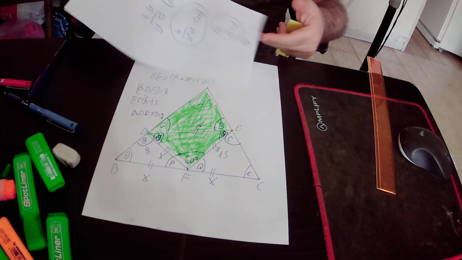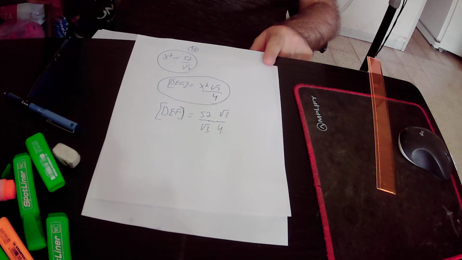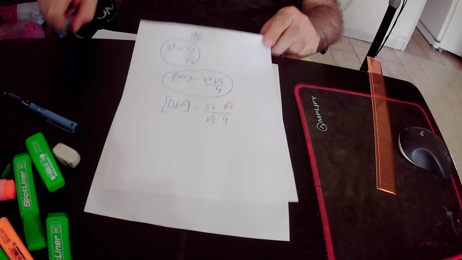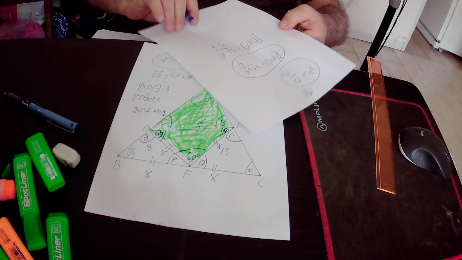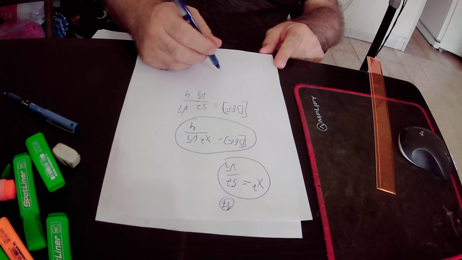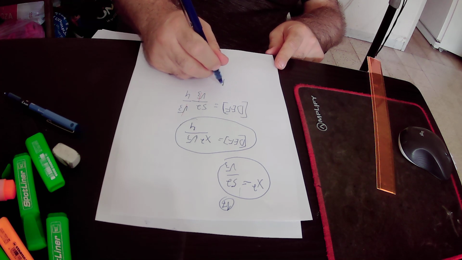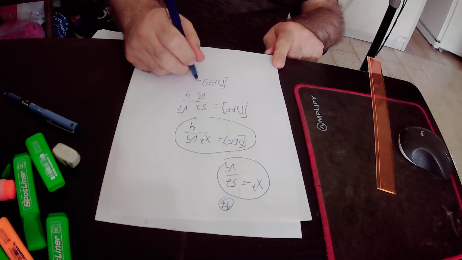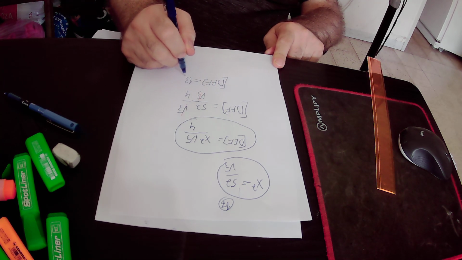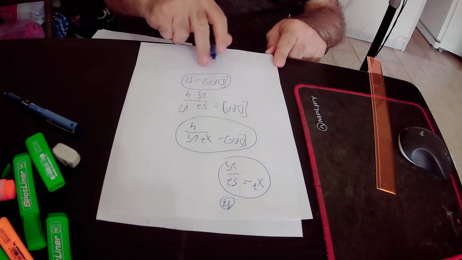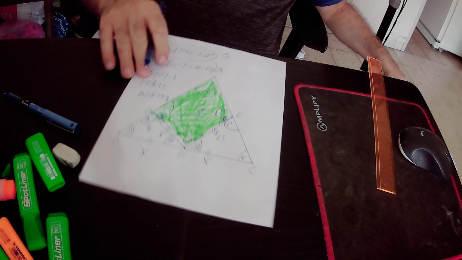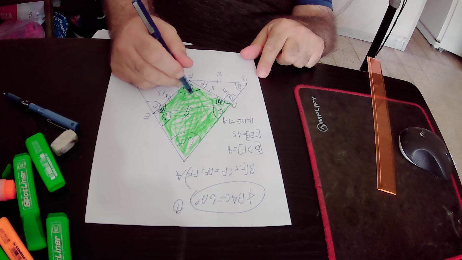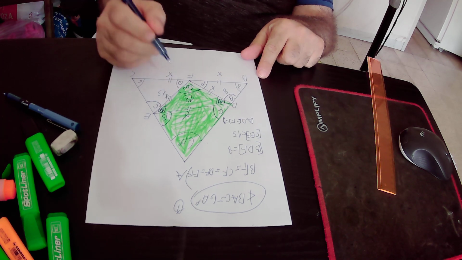Here root 3 over root 3 is 1, and 52 over 4 is 13. So we found out that the area of the equilateral triangle DEF equals 13 square units. So we can write here that the area of this equilateral triangle DEF equals 13 square units.